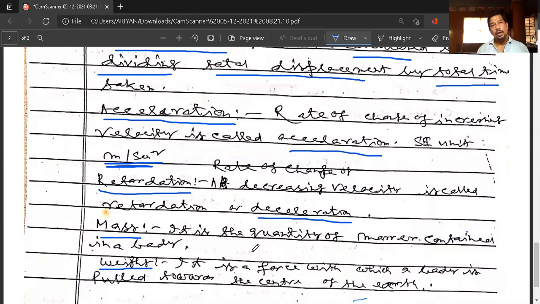Number two: mass cannot be changed anywhere in the world or on earth, and weight can change anywhere in the world and on earth. Number three: mass can be measured in common balance, and weight can be measured in spring balance. Do you understand?